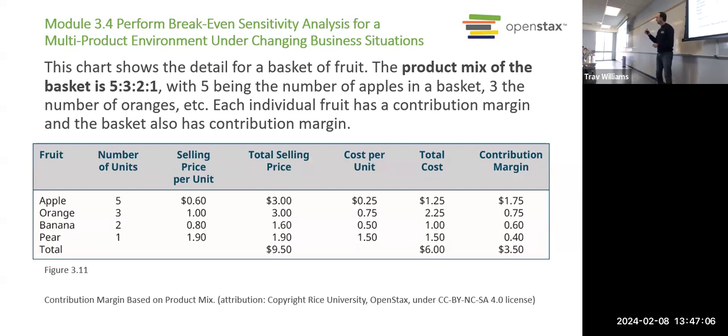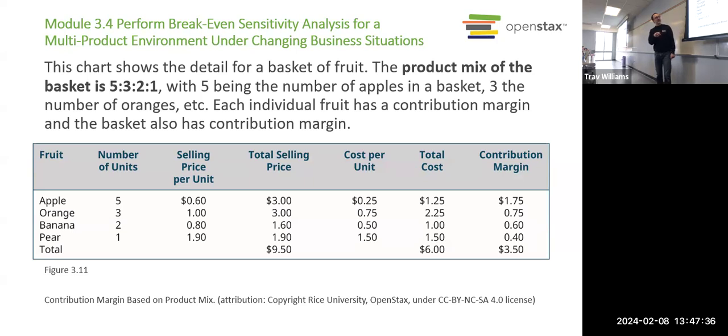And if they use the same prices that they have for selling these products individually, then we can just identify the sales price for each of those items, multiply it by how many units of each product are in each basket. So 5 apples at 60 cents each is $3 of price for that particular fruit.